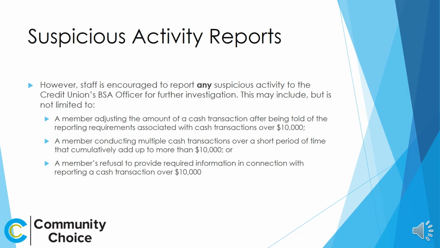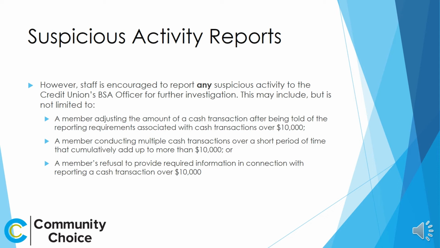That being said, those are certainly not the only instances in which the credit union should file a suspicious activity report. Staff is encouraged to report any suspicious activity to the credit union's BSA officer for further investigation. Examples of suspicious activity that should be reported include, number 1, a member adjusts the amount of his or her cash transaction after being told of the reporting requirements associated with cash transactions over $10,000.